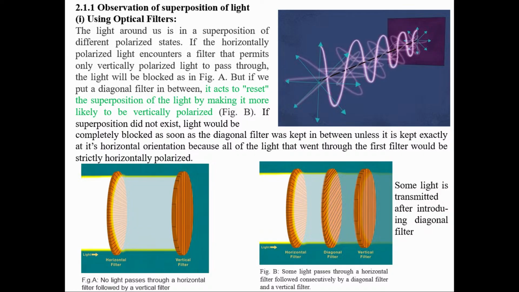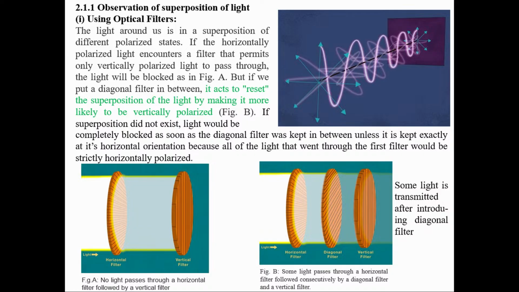Now how can you see that? You see here, you are putting a polarizer. This is called a horizontal polarizer. That means only this type of wave will come out. The vertical will not come out from this, from an unpolarized light.